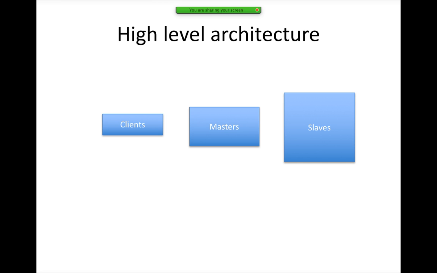Clients are also the ones which will actually submit the MapReduce jobs. You will not submit the jobs on these servers. Jobs will be submitted from the clients itself, but they will be executed on the cluster. So clients are primarily to deploy the applications and to submit the jobs.